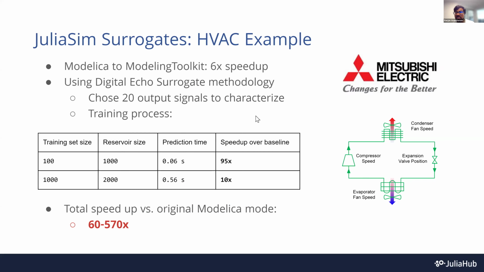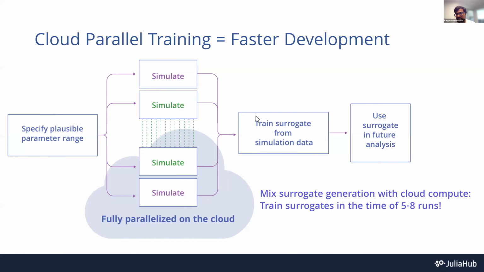The way surrogate models work is that they build a new dynamical system from scratch, and you can construct that dynamical system how you want with the simulation data that you're taking in. So it's not that surprising that you get these kinds of speed ups with these surrogate modeling techniques. The key challenge, of course, is the accuracy, which you have to keep testing out, and we'll show you how to do that as well. And as I said earlier, because we're cloud native, we can amortize these sorts of simulations on the cloud as well.